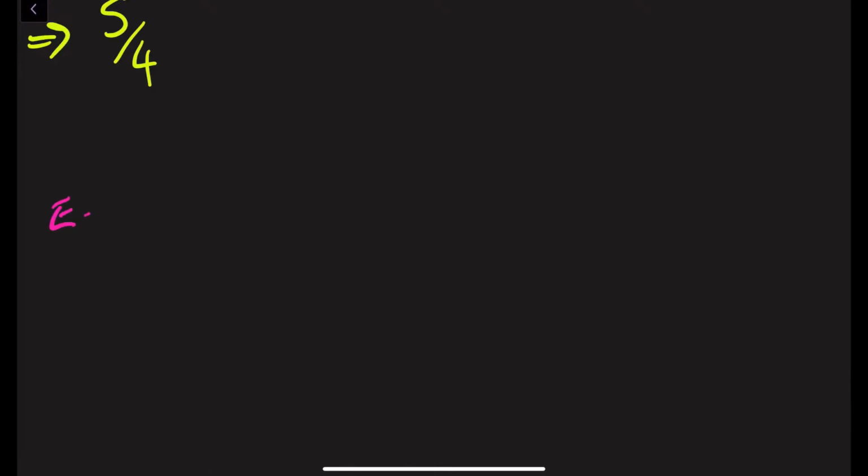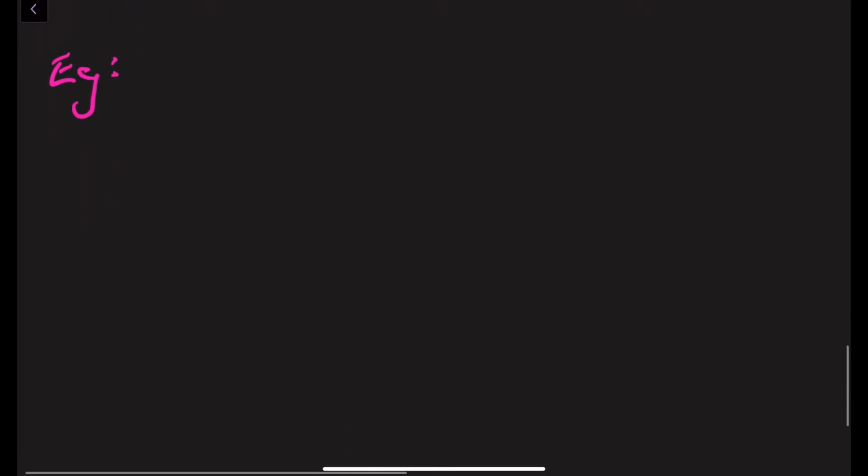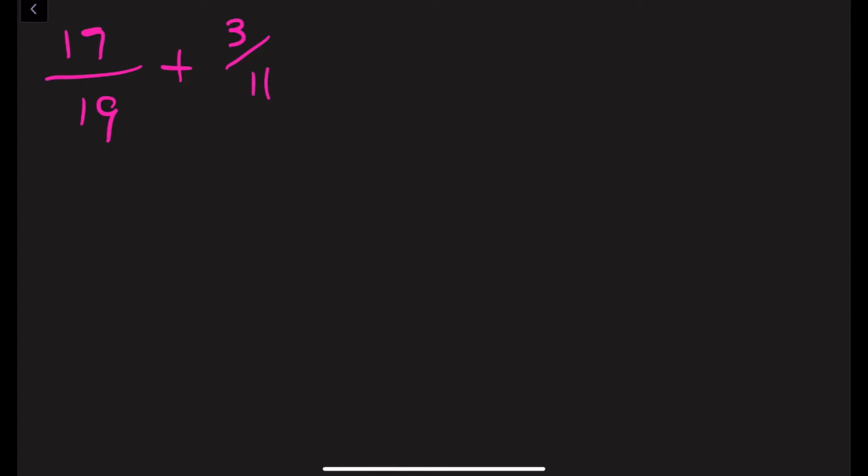Okay, in the next example, we'll look at a bit more complicated fractions. So say we have 17 over 19, and we want to add that to 3 over 11. Like before, we just apply the general form.